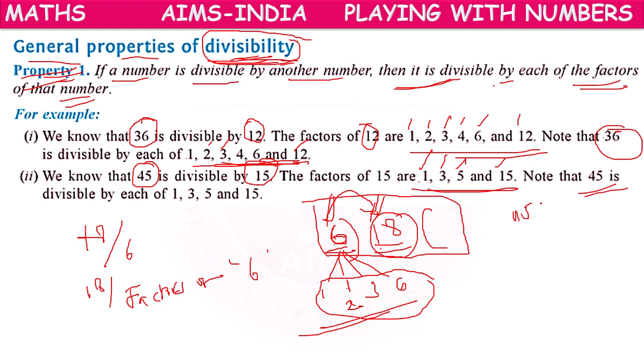Means 45 is divisible by 1, 45 is divisible by 3, 45 is divisible by 5, 45 is divisible by 15. Okay. So this is the first property regarding properties of divisibility. Okay, children?